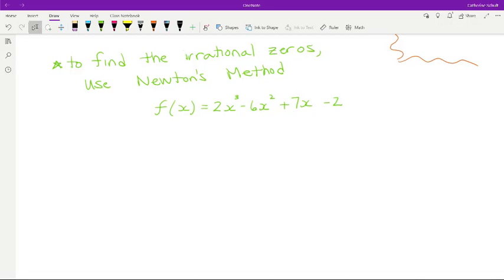Okay, so let's remind ourselves of our formula. It's always helpful to look at the formula and see what we need. So we have our function. We're going to have to find the derivative, and we're going to have to find xn. All right, so I like to plug in the whole function sometimes, especially if I'm using my graphing calculator.